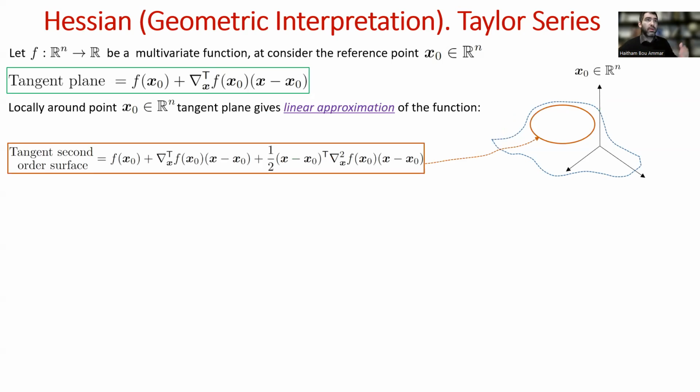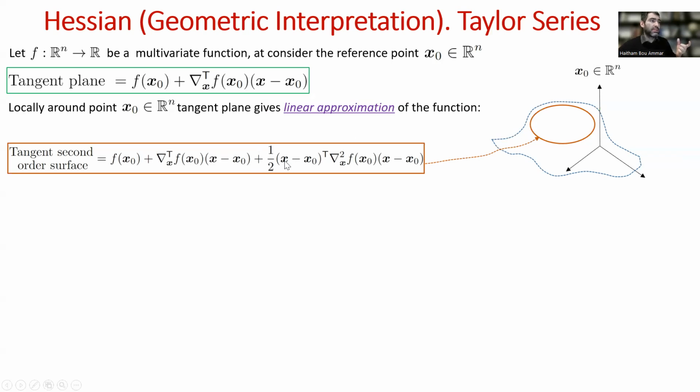Following the same idea, now we can define the tangent second order surface, and this is exactly where our Hessian will play a crucial role. So the tangent second order surface is defined by this quadratic expression. Why is this expression quadratic? Because the variable x here participates with degree 2.